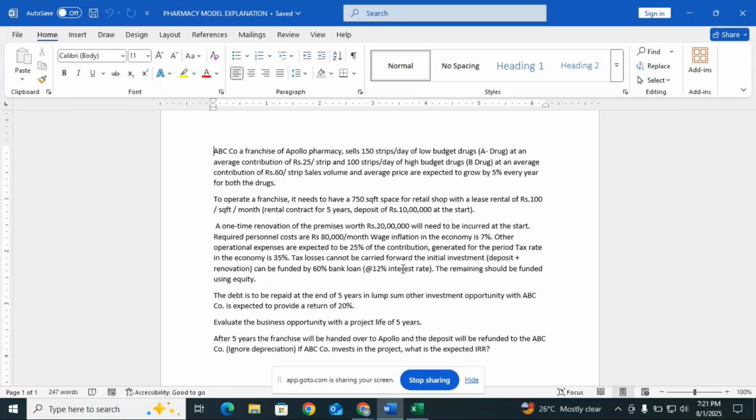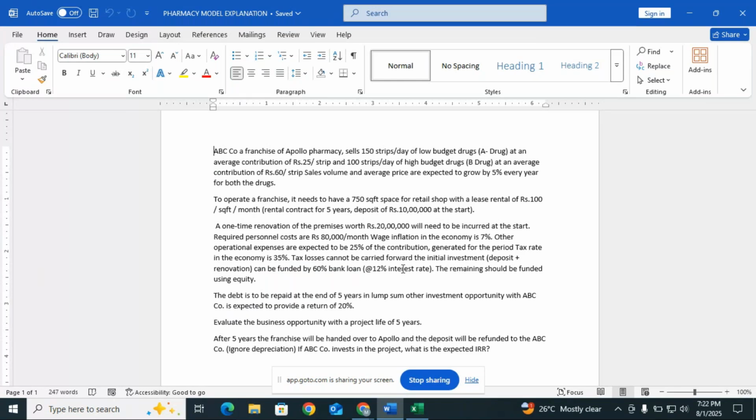So I'll repeat this para again. ABC Company is a franchisee of Apollo Pharmacy. Okay, and this ABC company is actually into the medical business. So it sells 150 strips per day, which is priced at, of course, a very low price, 25 per strip, and 100 strips per day of the other drug, which is an average of 60 per strip.